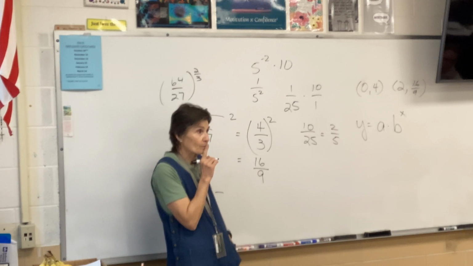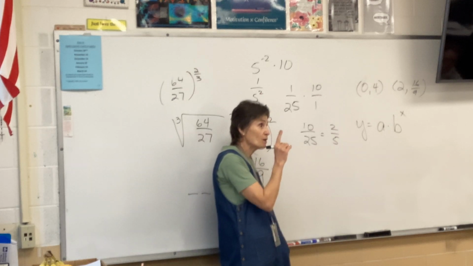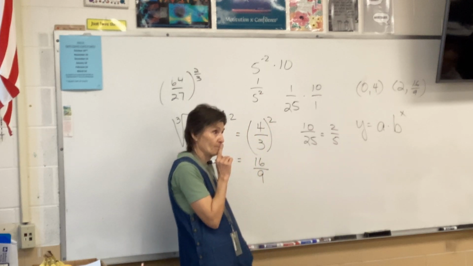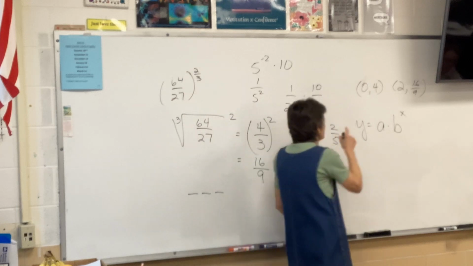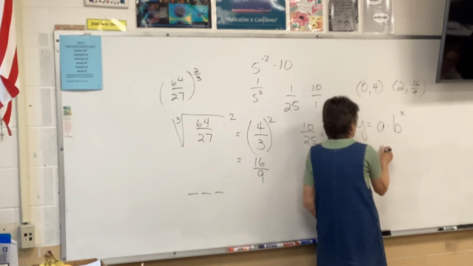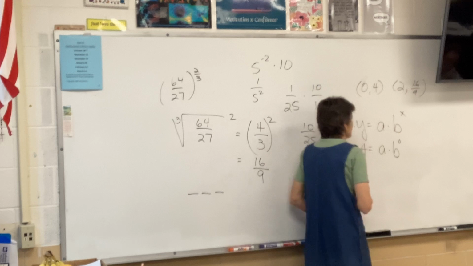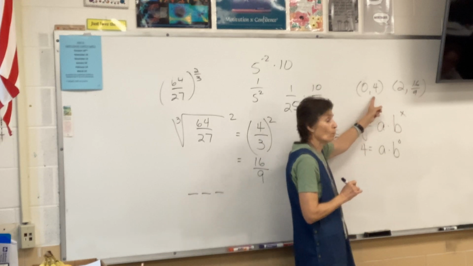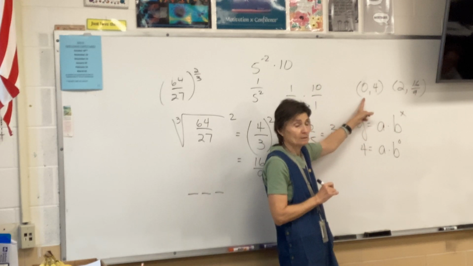Jill? We plug in a point, and which point do we start with? 0. The one that has a 0. So 4 equals A times B to the 0. Pick the point, one of the points will always have a 0. Pick that one first.